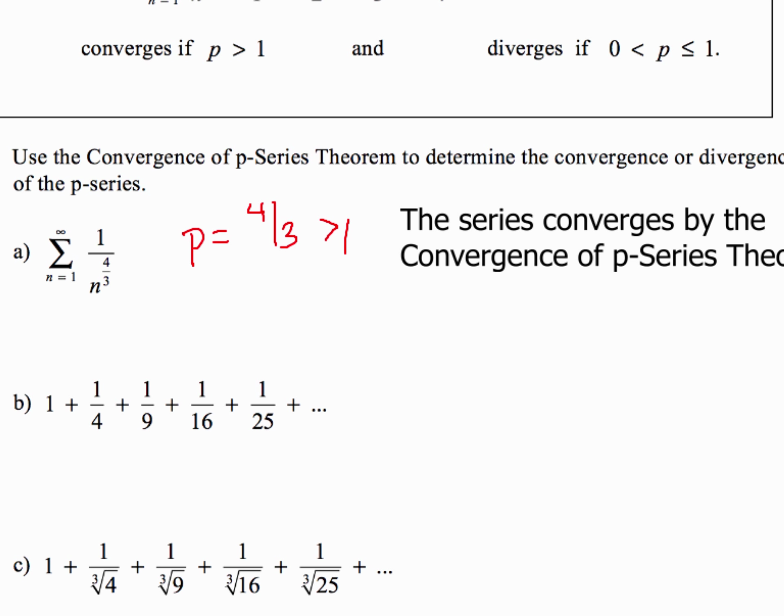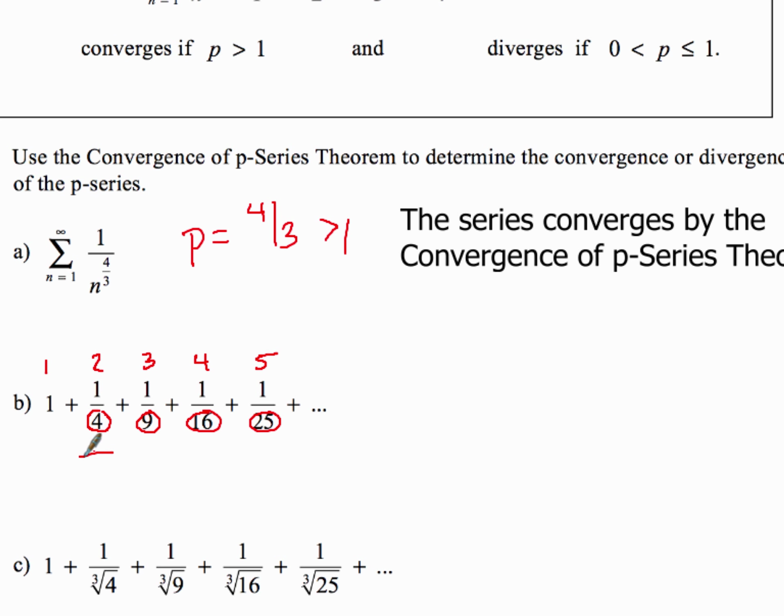And for B, each one of these numbers in the denominator, 4, 9, 16, 25. So this is our second term, our third term, our fourth term, and our fifth term right here. And of course, 1 is our first term. So what's the relationship between the term number and the denominator for these? That's right. The denominator is the term number squared.